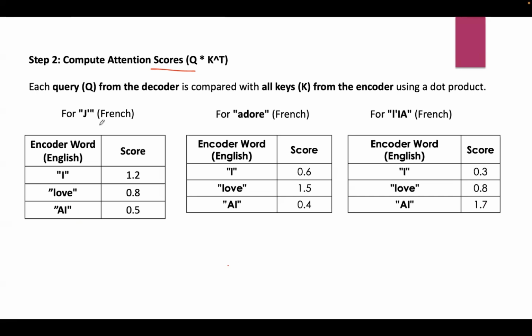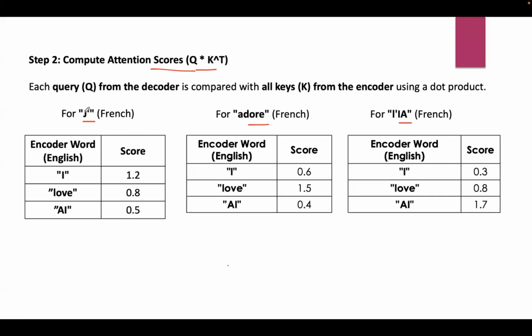So we are taking all the words in French and comparing them with the keys from the encoder. The encoder contains all words in English. The comparison is done using dot product. This is the dot product Q into K power T, which results in attention scores, which determine how much focus the decoder should place on each encoder word.